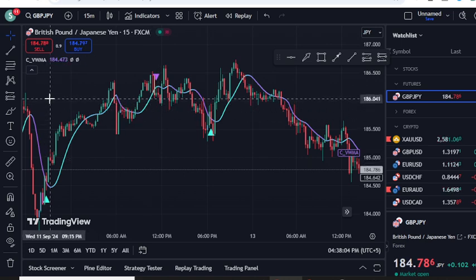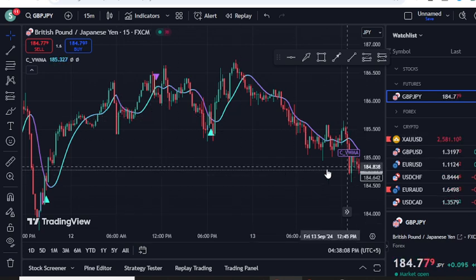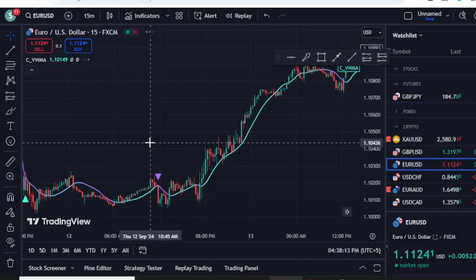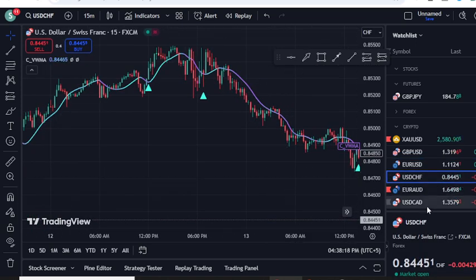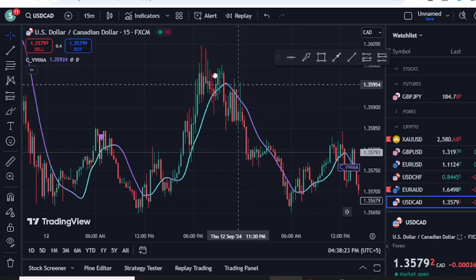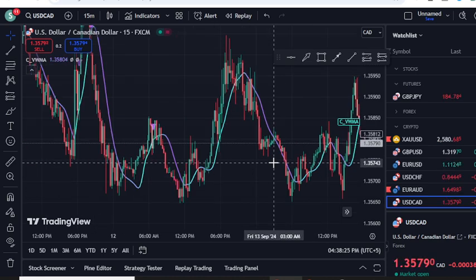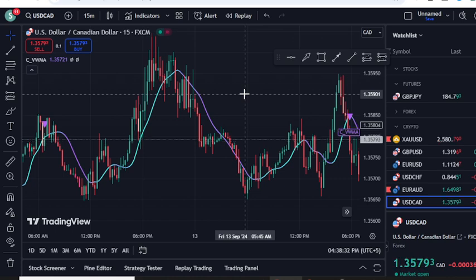The first one is the T3 JMA, which is a smoothed moving average, and the second one is the KAMA that I showed you in the inputs, where there was a KAMA written inside. What does it mean? It means this is the Kaufman adaptive moving average, and you might have no idea about it. It's based on the market volatility, and it provides very good buy and sell signals.